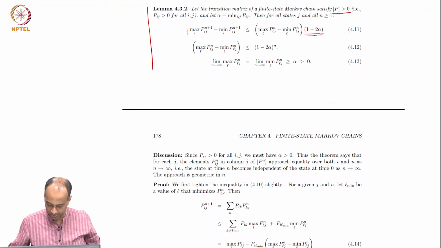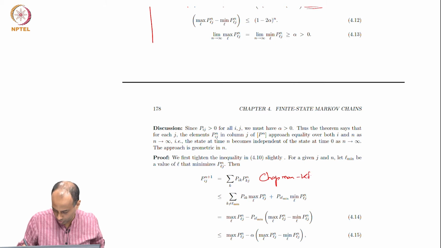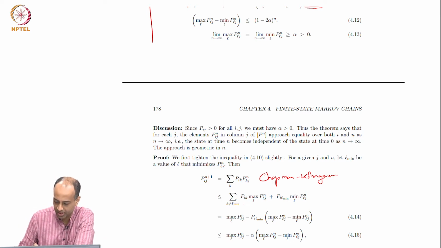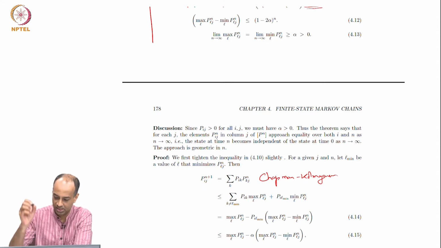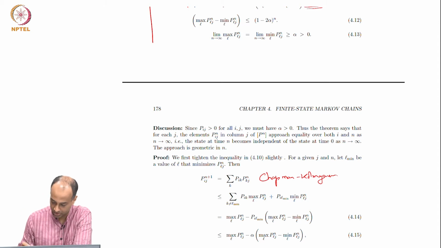You write out the Chapman-Kolmogorov equation. This is just Chapman-Kolmogorov. So in this sum you're leaving out the L min term, where L min is the value of L for which P L j n is minimized. You're taking one term out of the sum, and then in this step you are adding and subtracting this particular term.